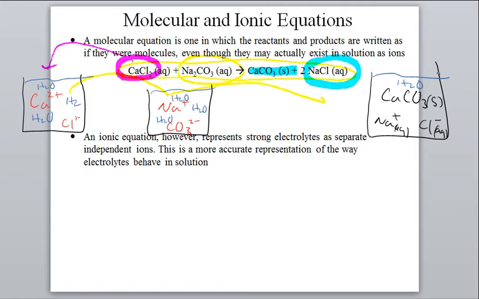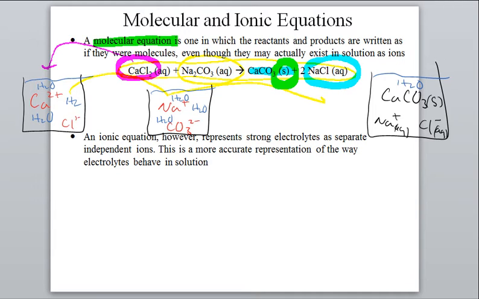Written like this, the equation is called a molecular equation. That's showing the formulas of the ionic compounds, how you would expect so far as you've gone through this class. In reality, they're really not together when the subscript says AQ. They are if it's solid, but not AQ.